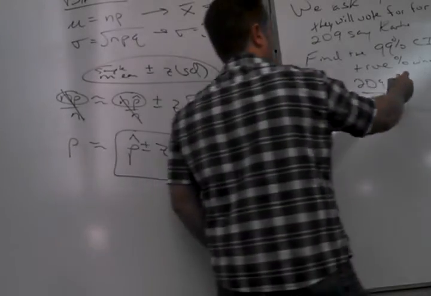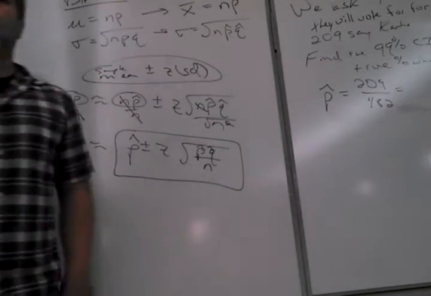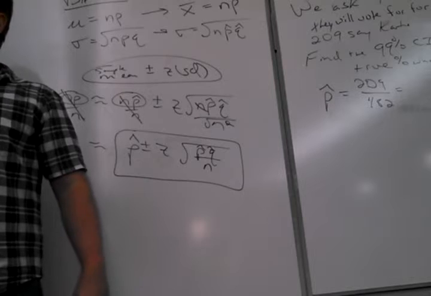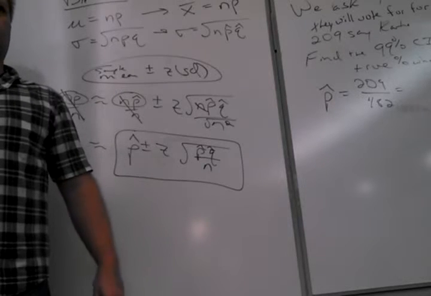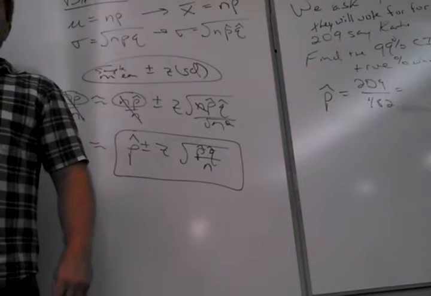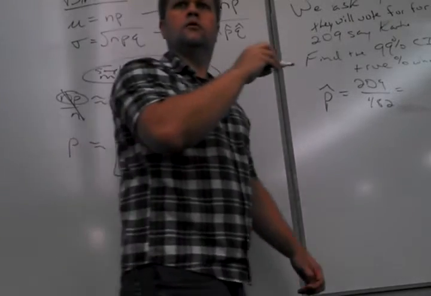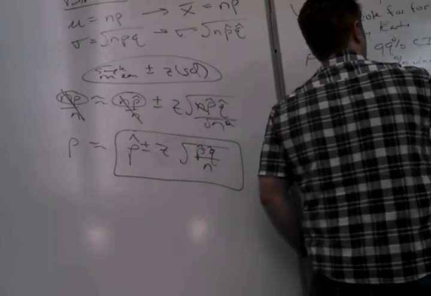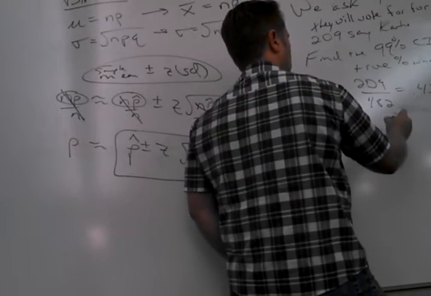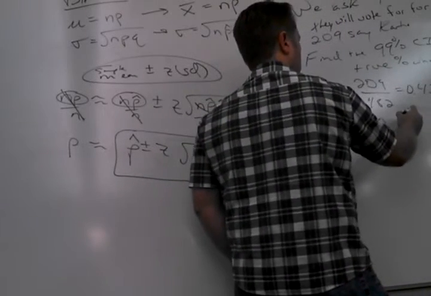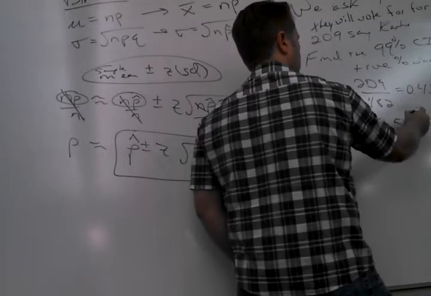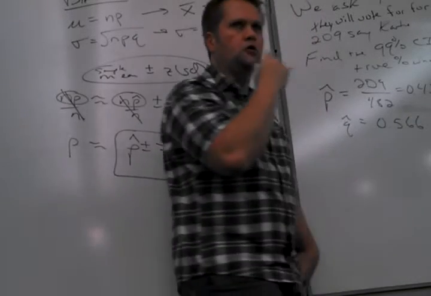So always take P hat and Q hat out at least three places. 0.434. So what's Q hat? 1 minus that: 0.566. Beautiful.